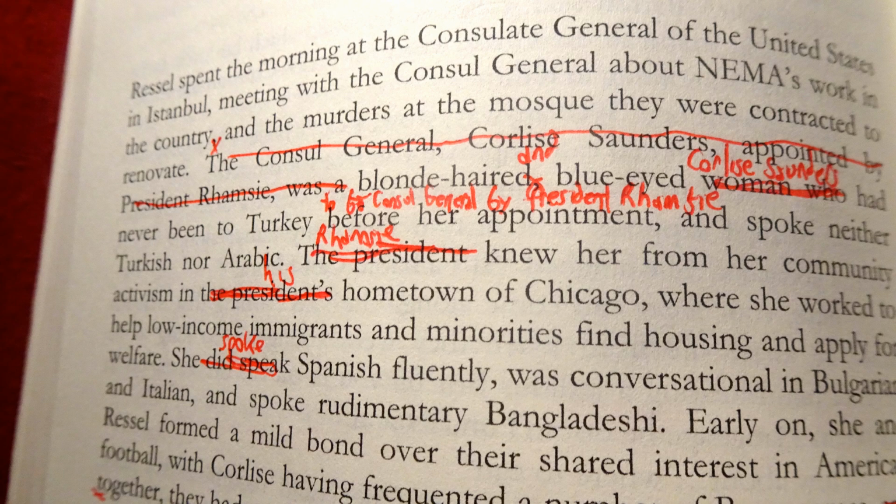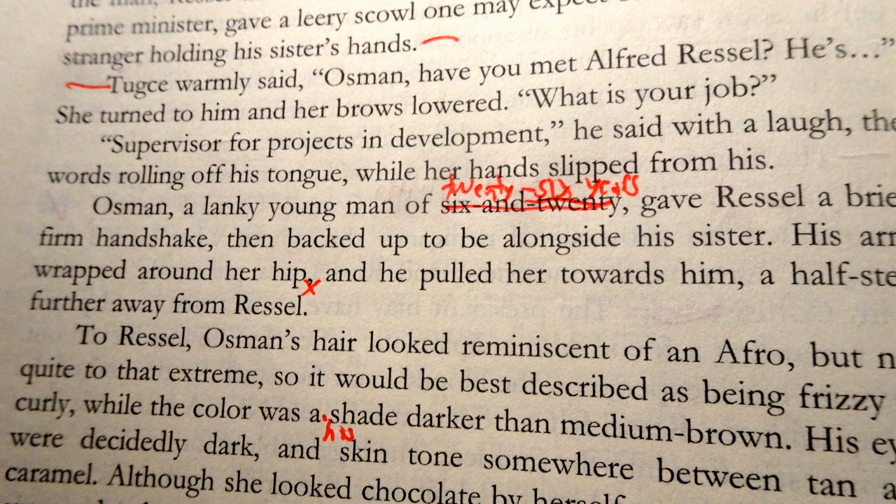Just neighbors shooting guns. Here toward the middle of the image, Osman, a lanky young man of 6 and 20. That's a line I took from Jane Austen. She described a lot of her character ages that way. Instead of saying 26, it's 6 and 20. But I never do that anywhere else in the book.